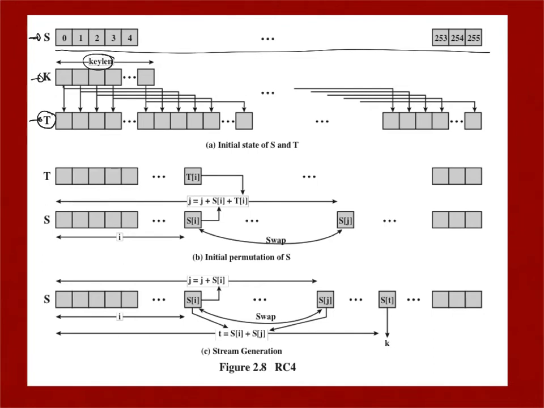We put all the bits of the key in T. The length of the key could be the same or less than the size of T. The size of T has to be equal to the size of S, but the key could be less than this. So how can we generate T based on the key? It's very simple. We put all the bits, and after we finish, we take the first one and put it here, then the second one and put it here.